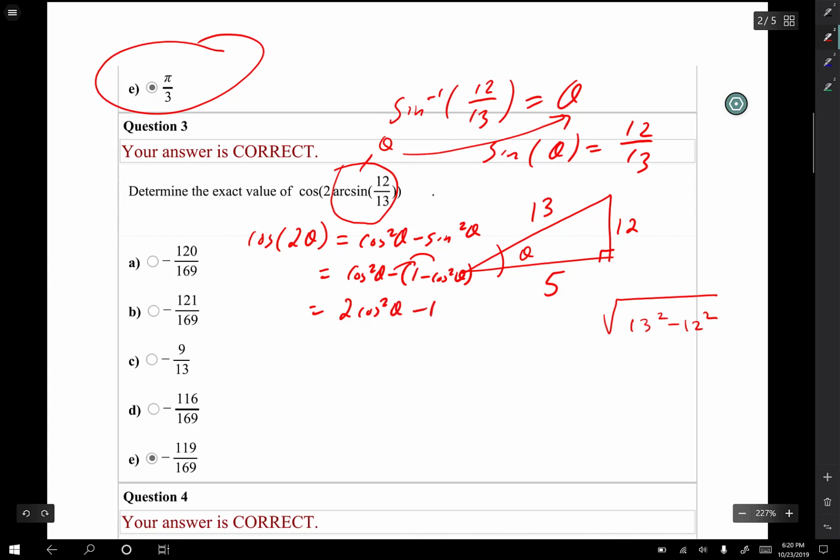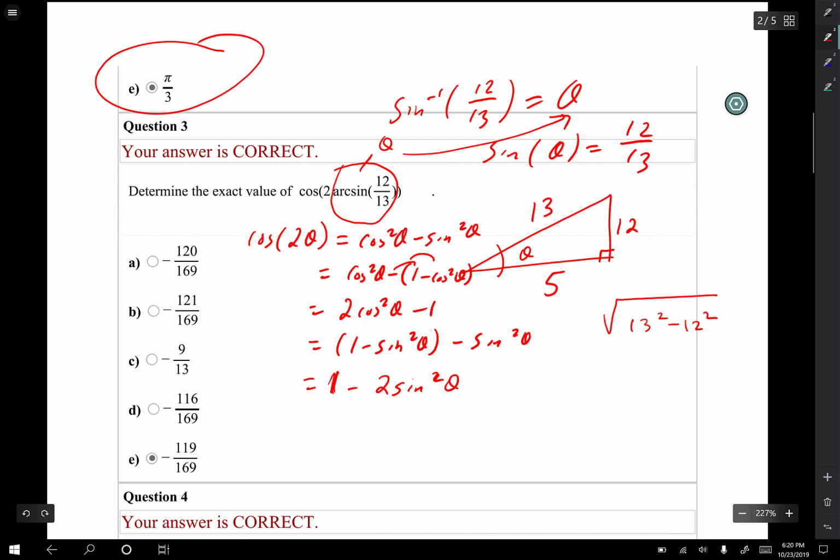That's another route. You can replace the cosine squared with 1 minus sine squared theta: 1 minus sine squared theta minus sine squared theta, and we get 1 minus 2 sine squared theta. That's the route we're going to take, guys. Why are we taking that route? Because we have sine theta. Yes, I know we have cosine theta as well.